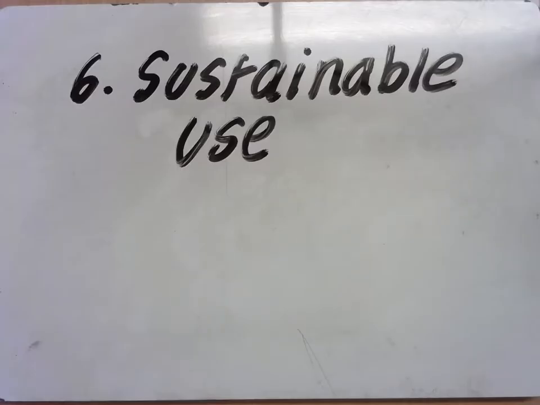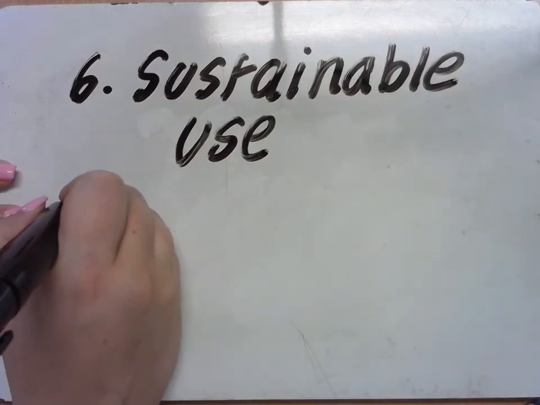Okay, so in this section then, we're going to look at sustainable uses. What that means is how humans can use the savannah grasslands in a sustainable way so that it lasts into the future. So they're not destroying it, it can last into the future.